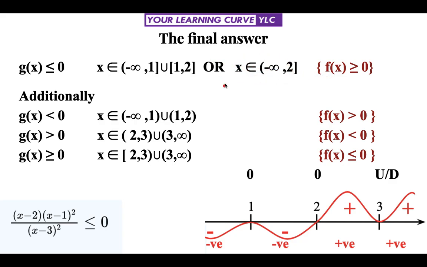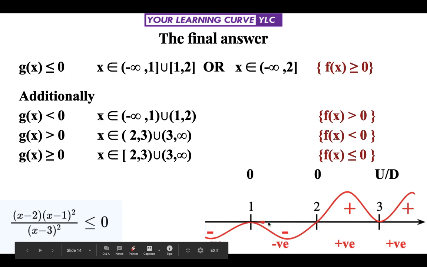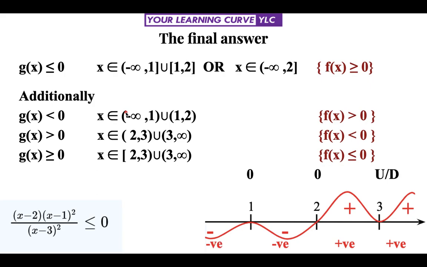Now let's analyze the function further. What if we were asked only less than 0? Rather, f(x) greater than 0 is the only thing which is asked in the question, not the equality. So what we do, we will write the interval minus infinity to 1, then 1 to 2. Now always put an open bracket at infinity or minus infinity.